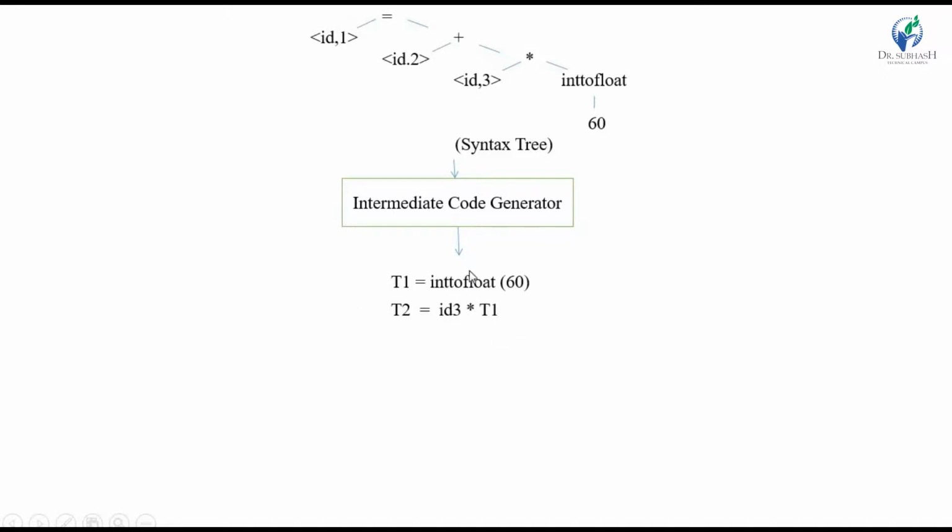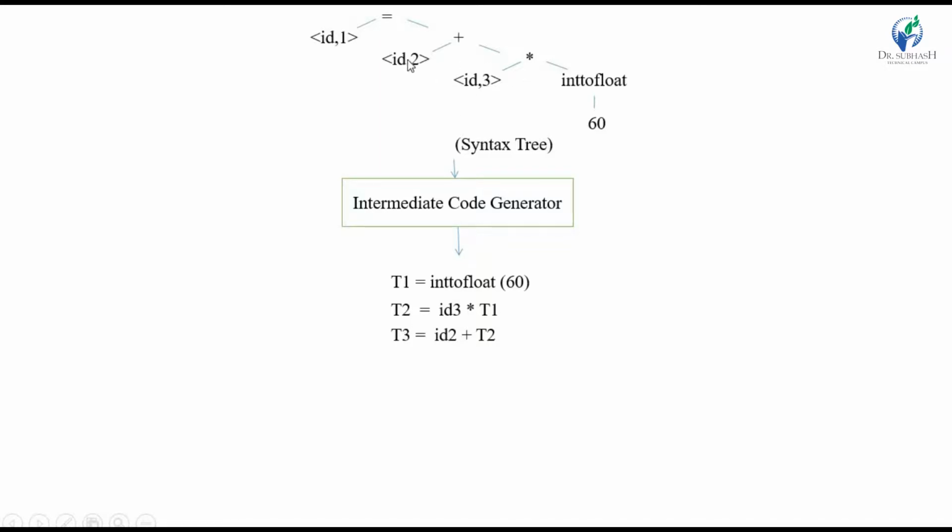So this is the form of 3-address code, maximum 3 operands. Now the result of id3 into integer to float 60 is stored in T2, which is added with id2. So the next step is id2 plus T2. The result of this expression is stored in temporary variable T3.